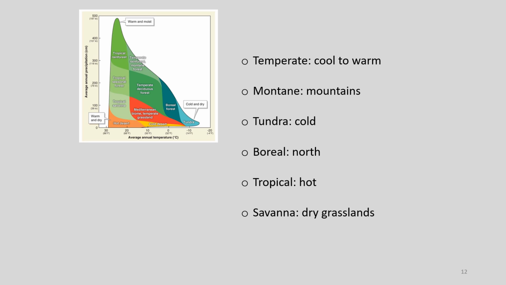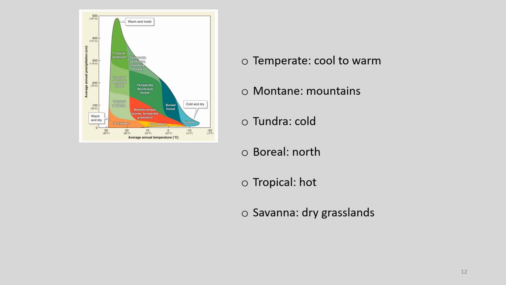Tundra, when you see tundra, you know we are talking about someplace cold. Boreal is a special word that means north. If you think about the aurora borealis, it's got that word boreal in it. We're talking about the northern lights. If we were talking about the southern hemisphere, we would say aurora australis, but you didn't know that.